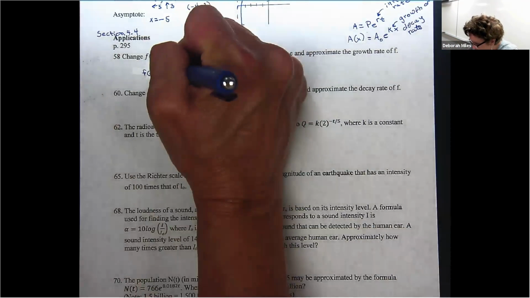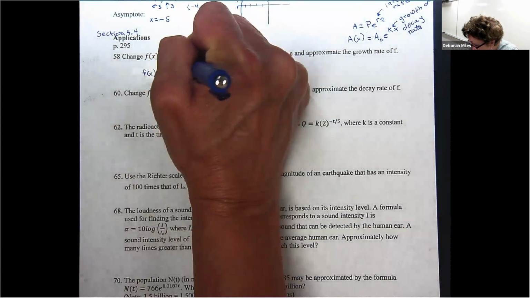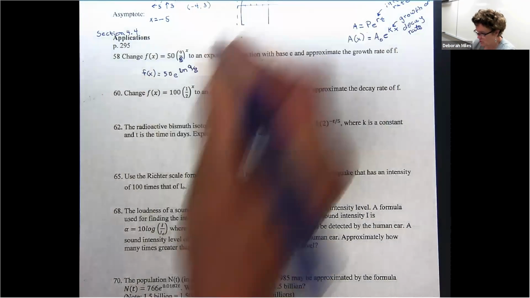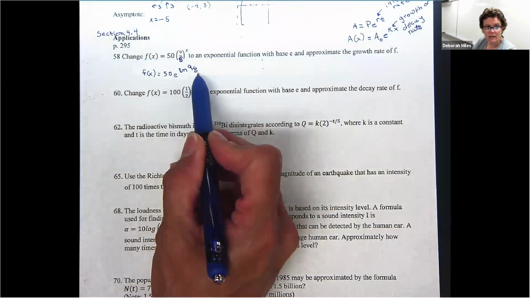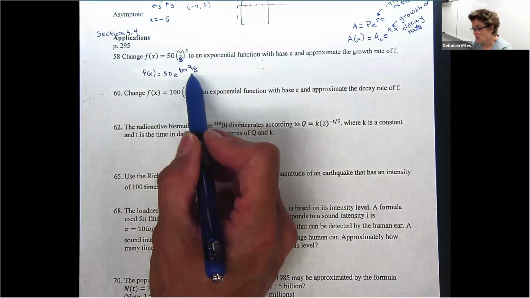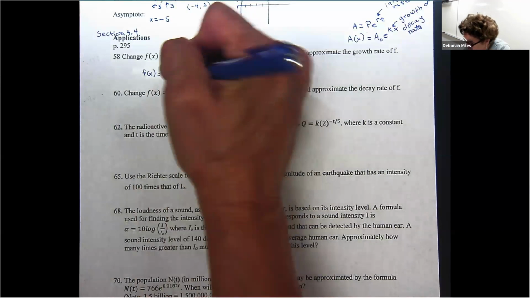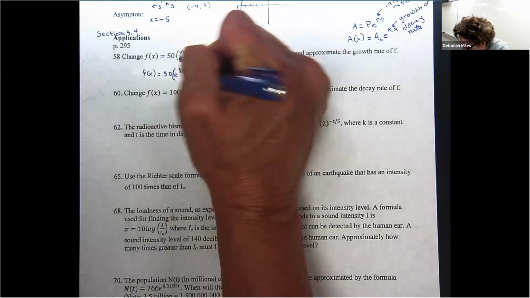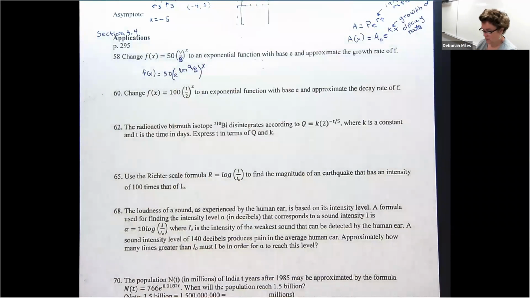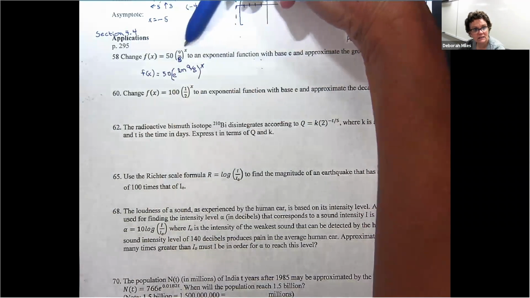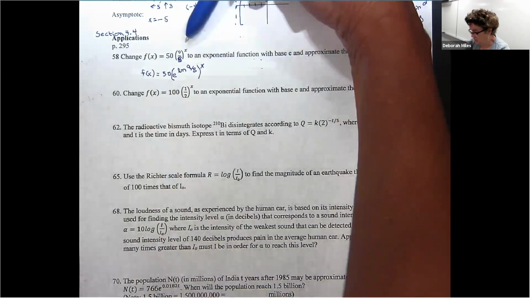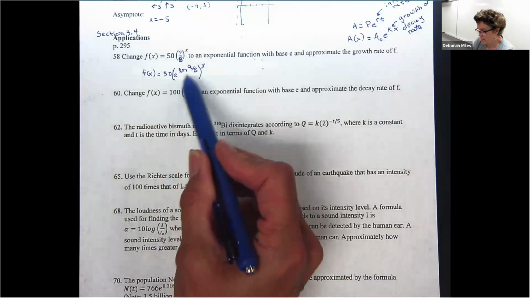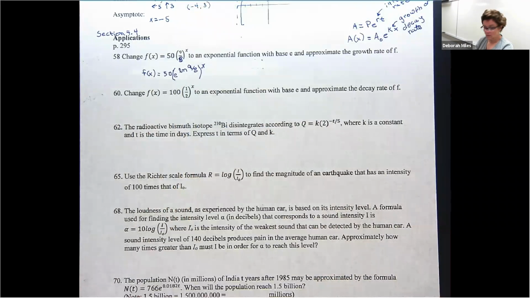If I wrote that as e to the natural log of 9/8, would those just undo each other and leave me 9/8? Sure they would. And if so, if I raise that to the x power, just like this 9/8 is to the x power, I do have an equivalent expression. These just undo each other and leave me 9/8.